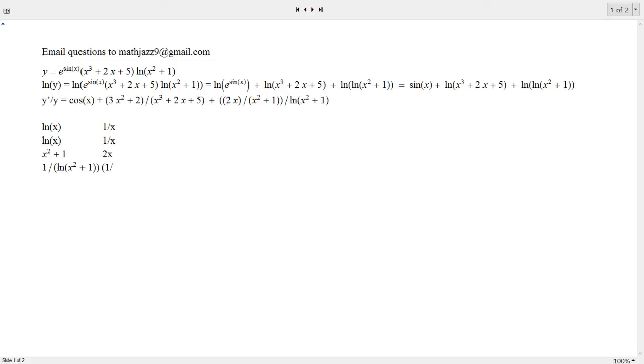So that's 1 over x squared plus 1. And then we multiply by 2x, so I'm just going to put that in front here.